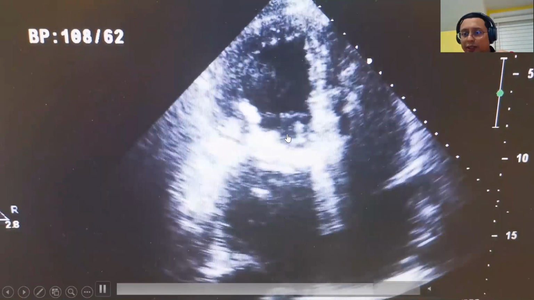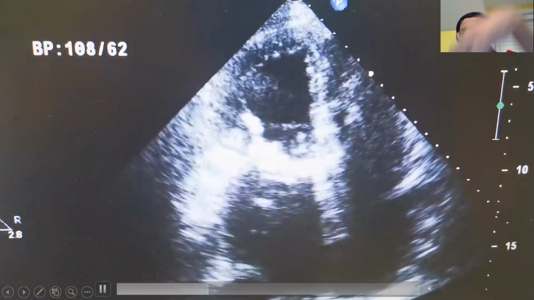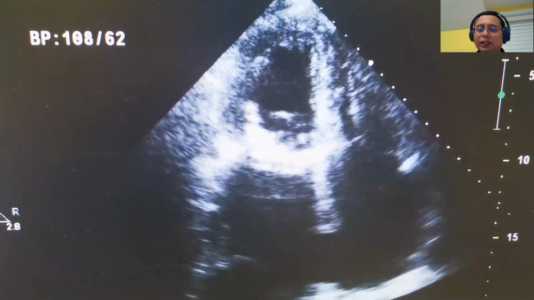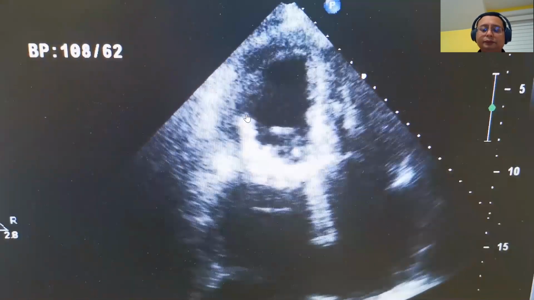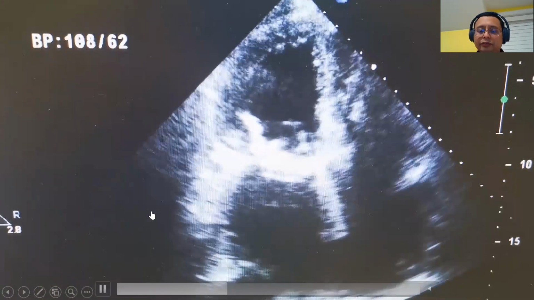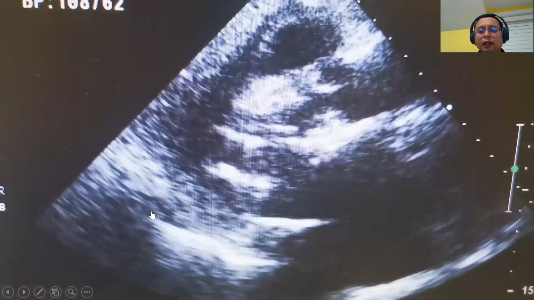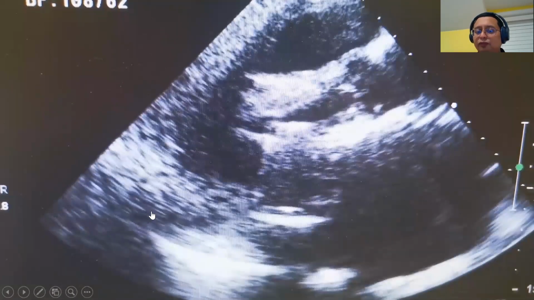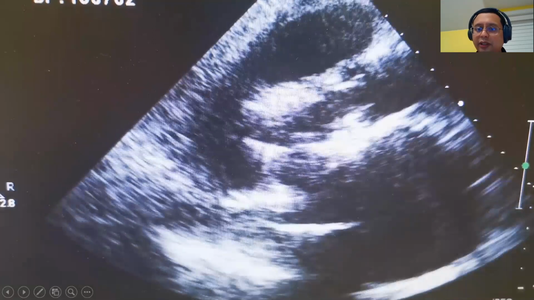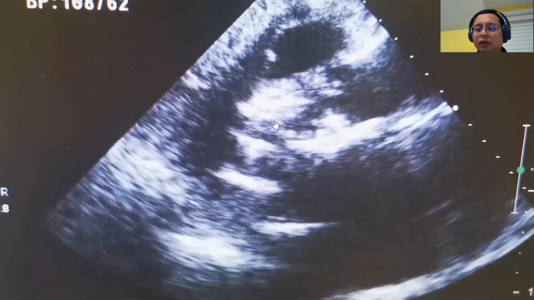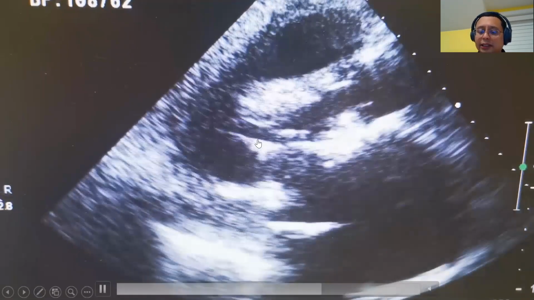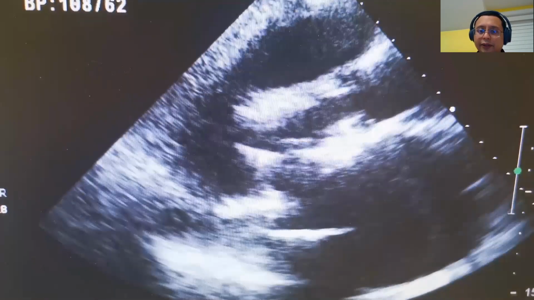When it goes down, it is closing. Going up is opening, going down is closing. This is a parasternal long axis view of a ball and cage valve. Again, it's difficult to tell with certainty that this is a ball and cage valve.